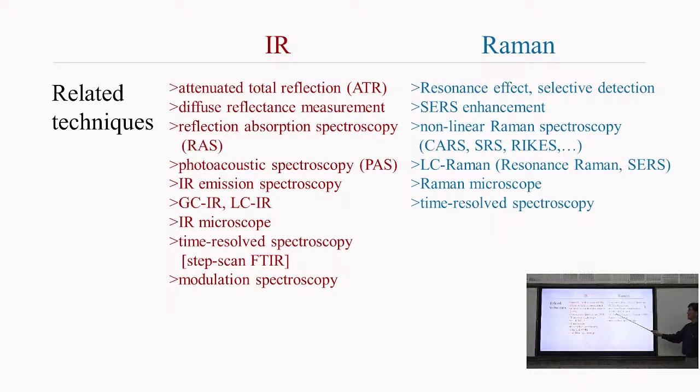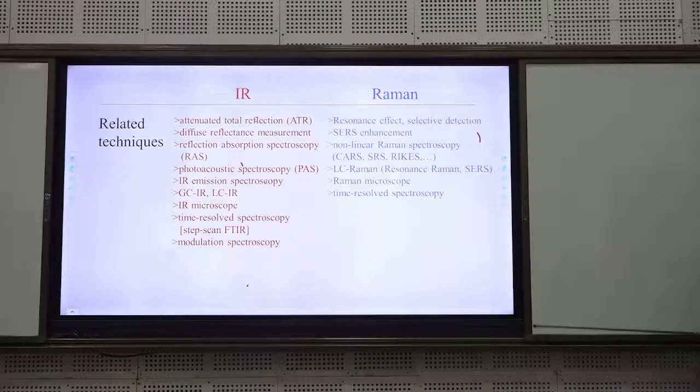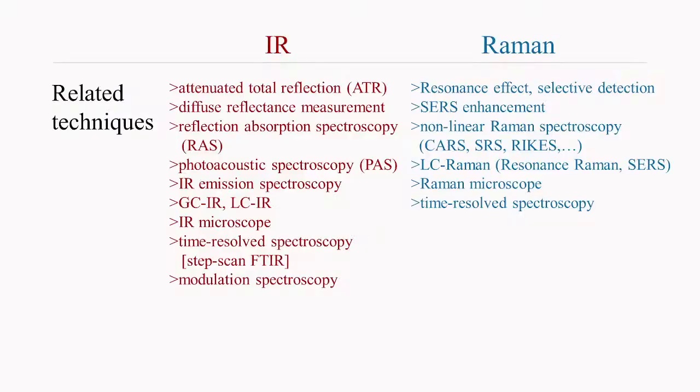Raman is also available as a detector for liquid chromatography, microscope, time-resolved spectroscopy. Okay, so this is the comparison of IR and Raman spectroscopies, and each method has its own advantage.